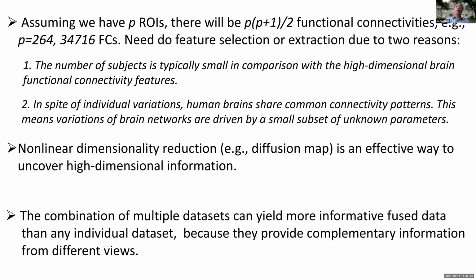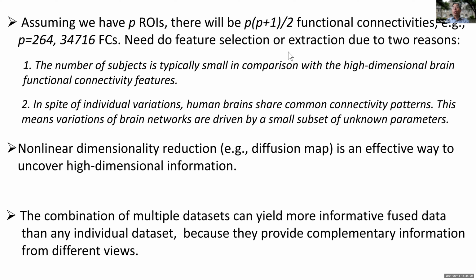Assuming we have P ROIs, we will have P multiplied by (P plus 1)/2 functional connectivities. For example, if P equals 264, then we will have 34,716 functional connectivities.